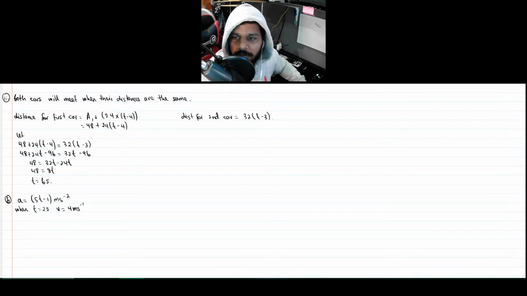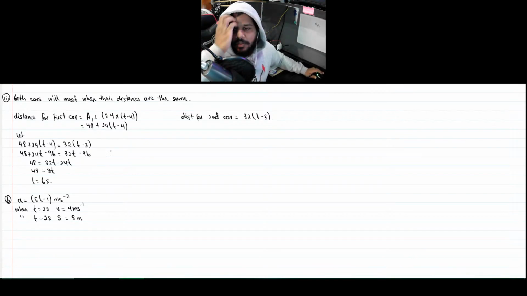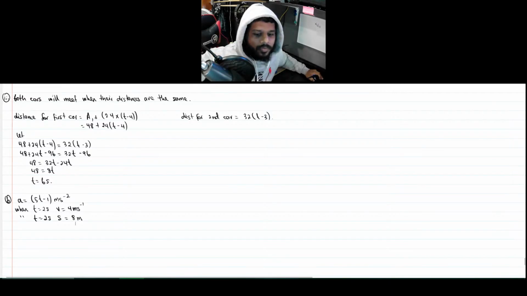And when t is equal to 2 seconds, the displacement s is equal to 8 meters. Determine its velocity when t is equal to 4.